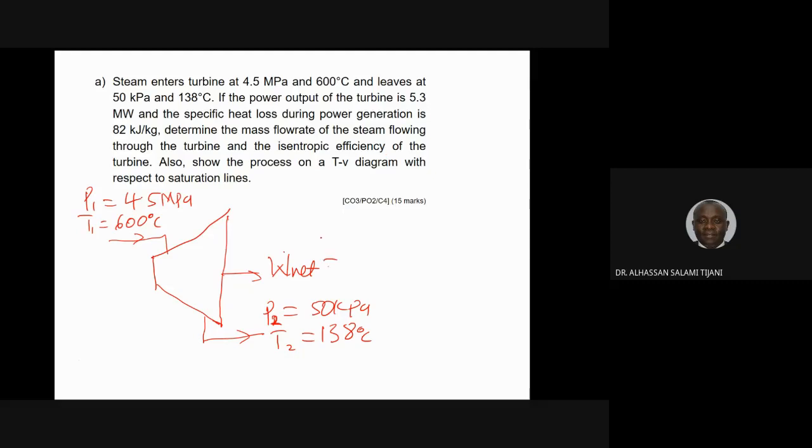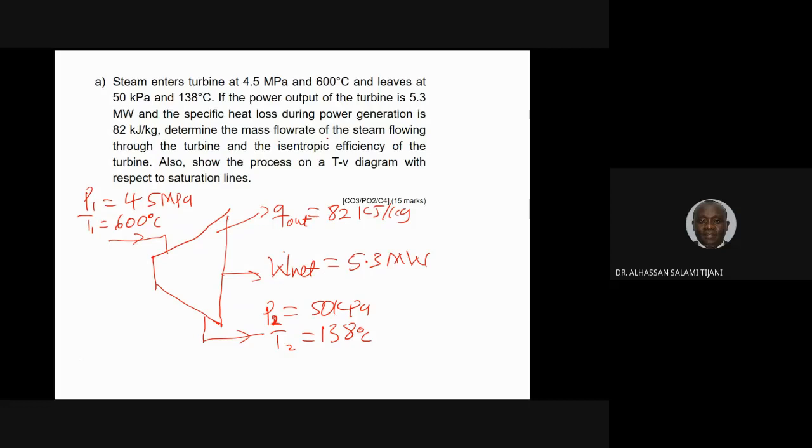If the power output of the turbine is 5.3 megawatt, and the specific heat loss during power generation, so during the power generation there is Q out, and this Q out specific is a specific heat loss, so it should be small letter, that gives us 82 kilojoules per kilogram.